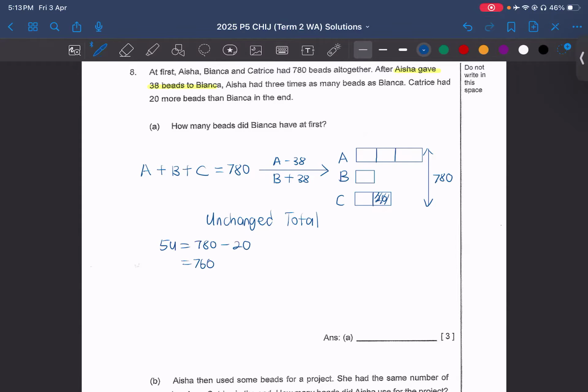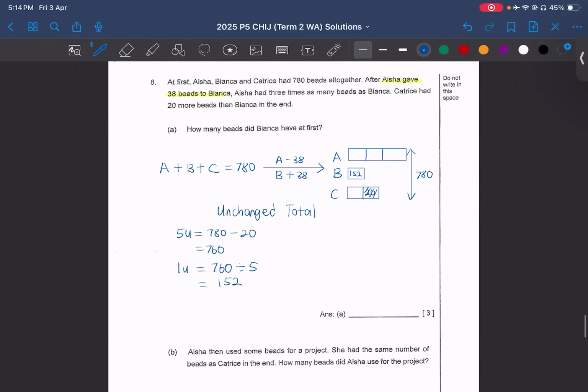So 5 units is 760. To find 1 unit, take 760 divided by 5, which gives me 152. So 1 unit is 152, which is how much Bianca has at the end.